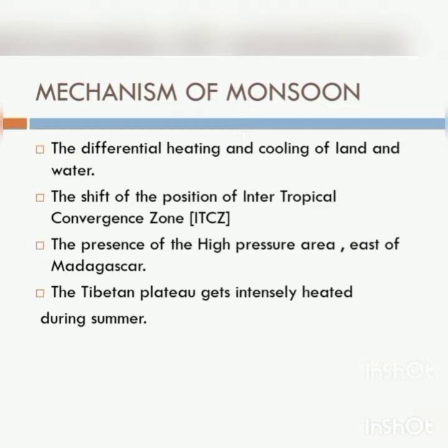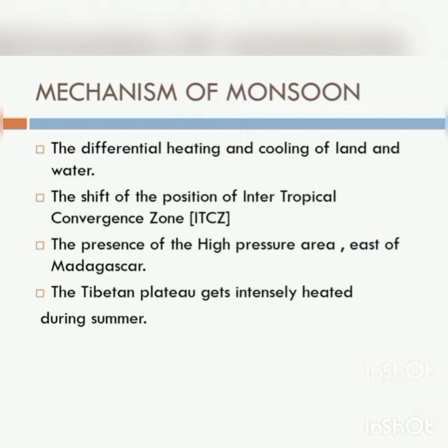It means the areas near the water bodies are cooler, whereas those areas which are far away from the water bodies have hot temperatures. The intertropical convergence zone in summer season shifts its position over the Ganga plain.